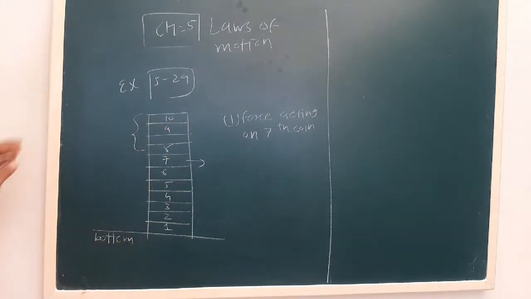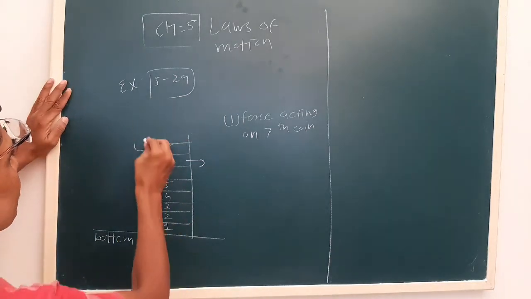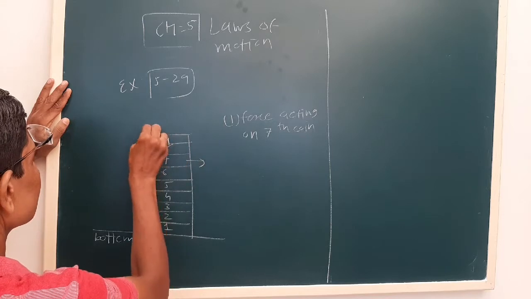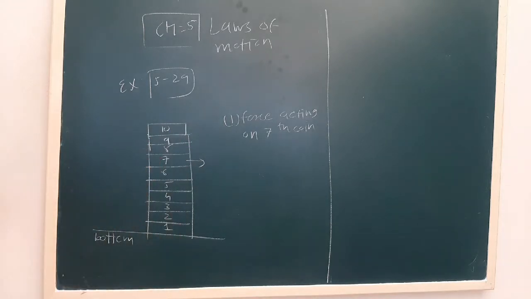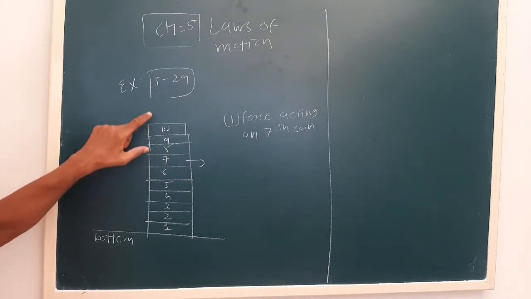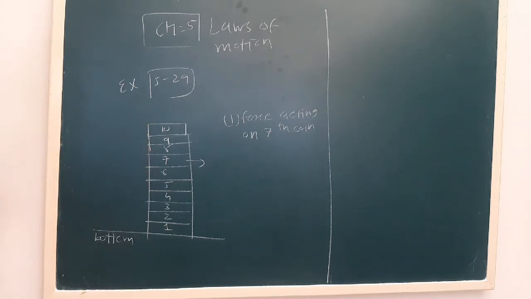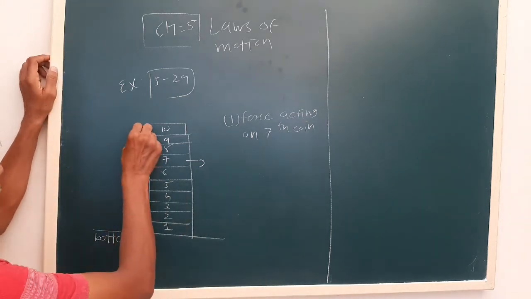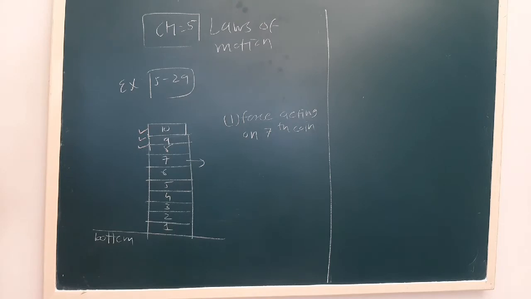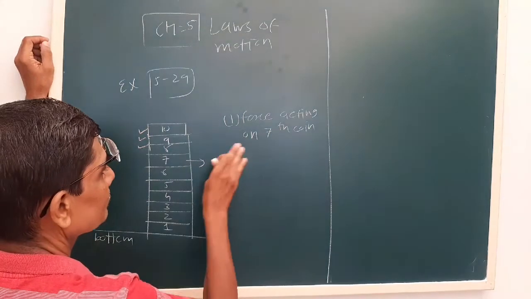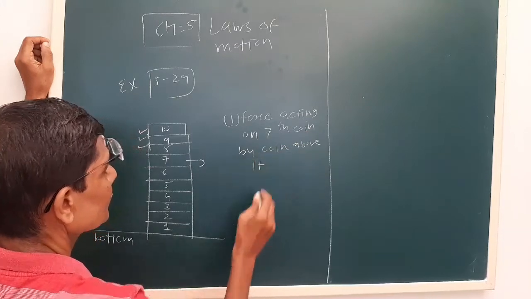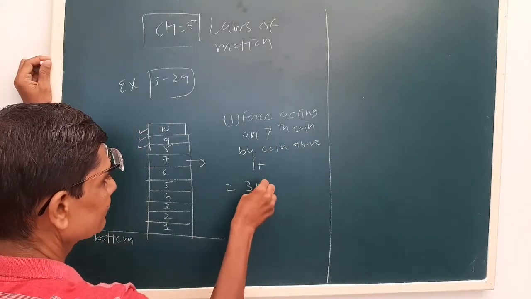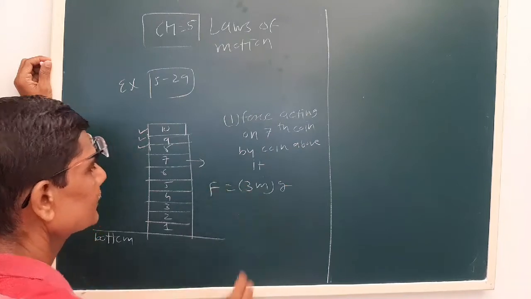How many coins are above? Above the 7th coin there are 3 coins. So the weight of coins number 8, 9, 10 will act on it. So there are 3 coins, so weight will be 3m, force is 3 mg.